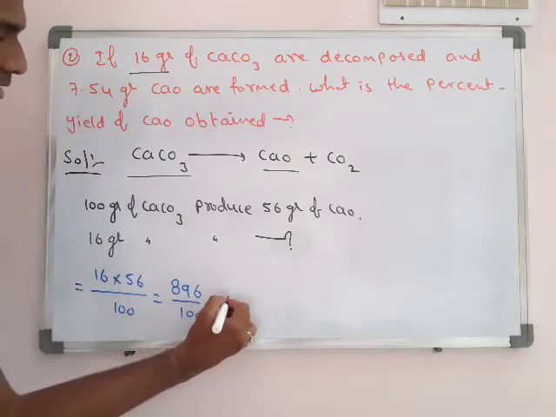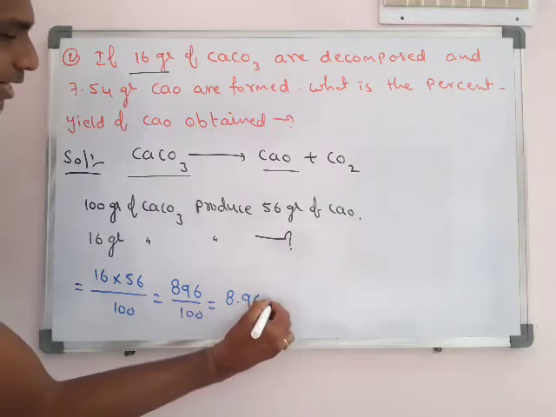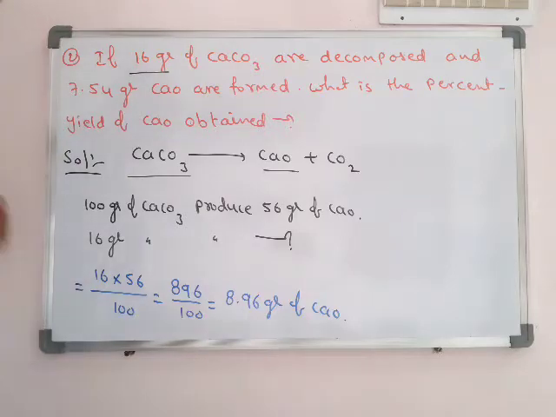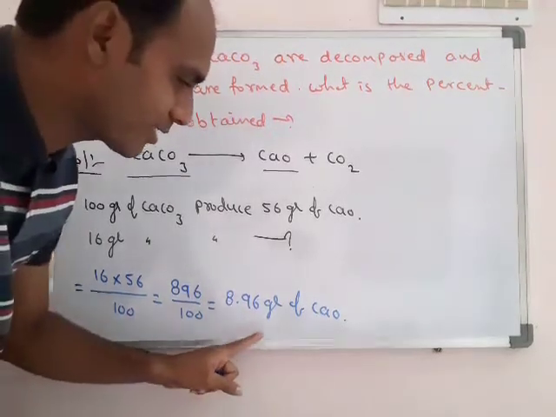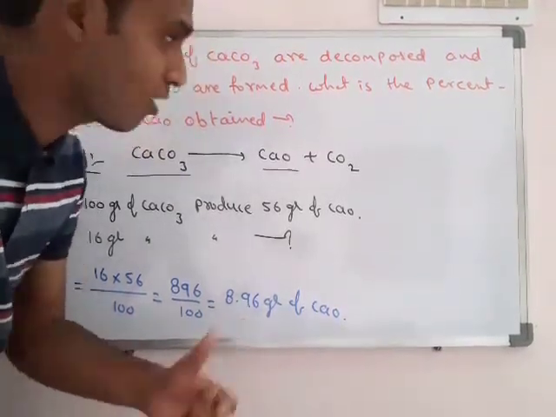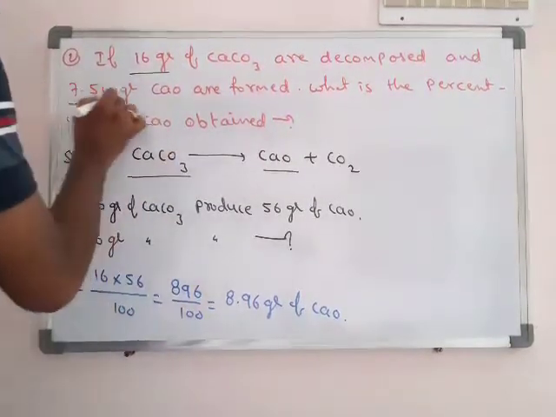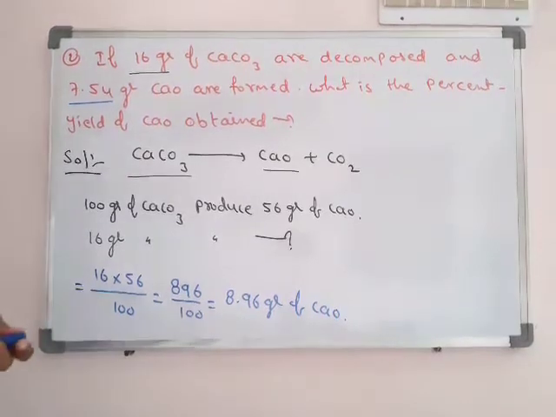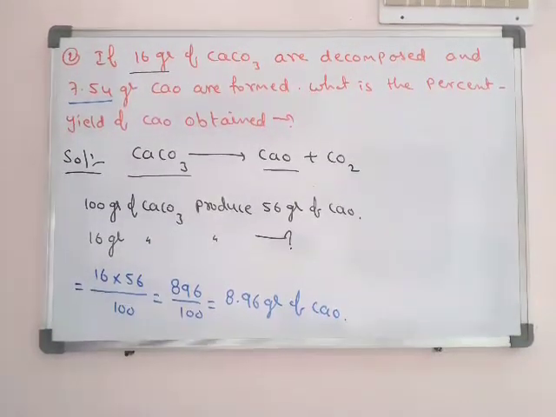Now how much will we get? 8.96 grams of CaO. So according to the balanced equation, 8.96 grams of CaO should form. But how much was formed? It is formed only 7.54. So let's find the percentage.